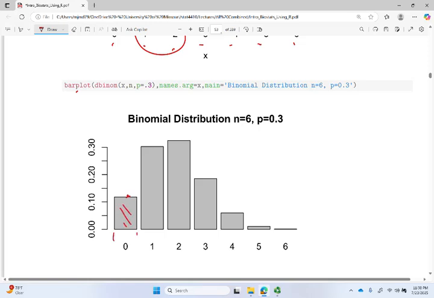So the area of this rectangle is probability. So now you're really kind of thinking about it as area under the curve as probability, which will make more sense when we get to the continuous distribution. But I think it's a little bit easier. You can tell that most of the probability is lumped between 1 and 2.